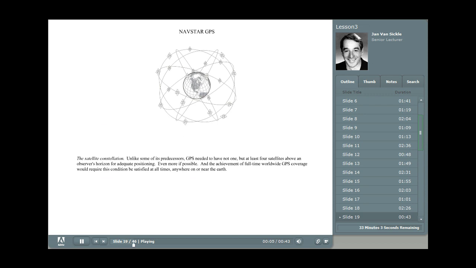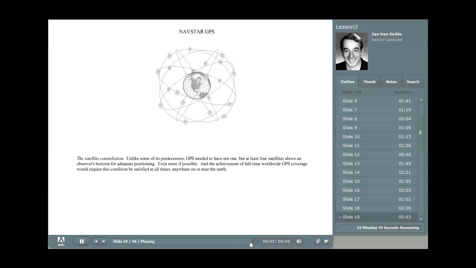And as we've discussed, it was necessary and is necessary for there to be at least 4 satellites above an observer's horizon to achieve a successful position. Unlike a transit of 1 satellite at a time, GPS requires the solution of X, Y, Z in time based on a minimum of 4 satellites.